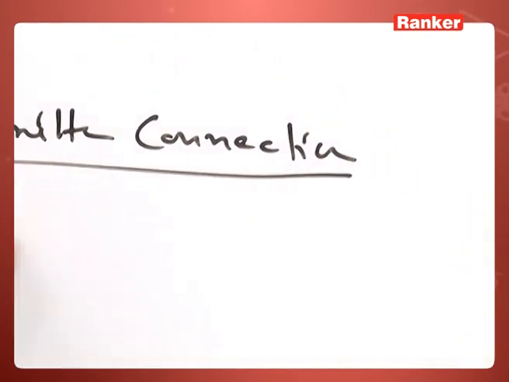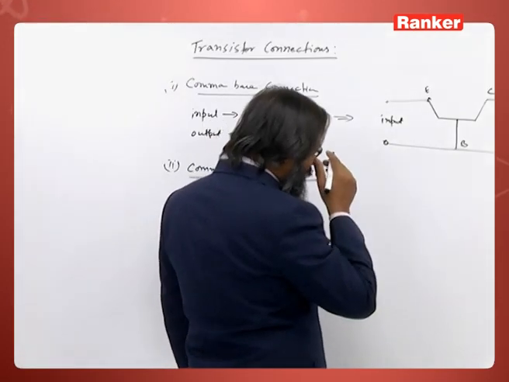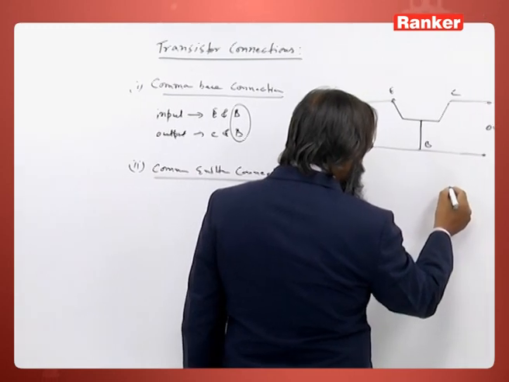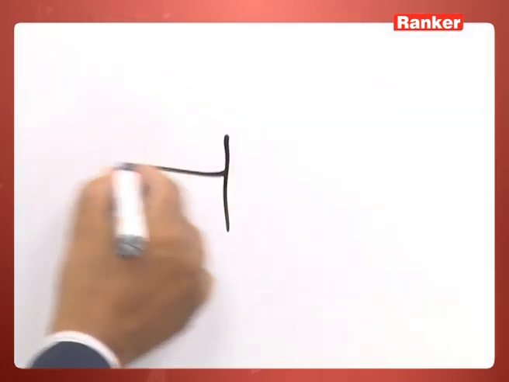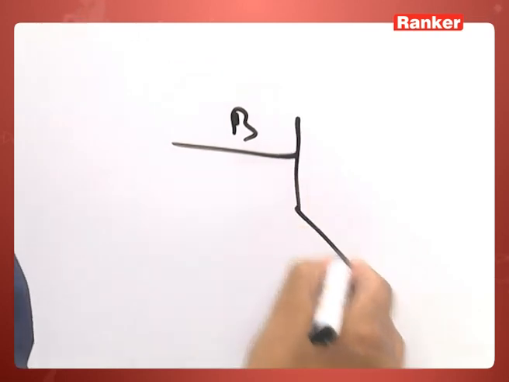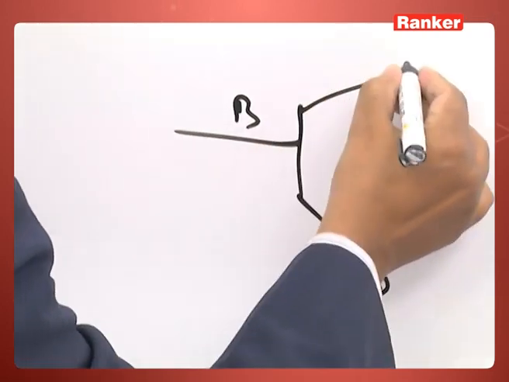Second is common emitter connection. In this connection, the emitter is common. Here this is the base, this is the emitter and this is the collector.